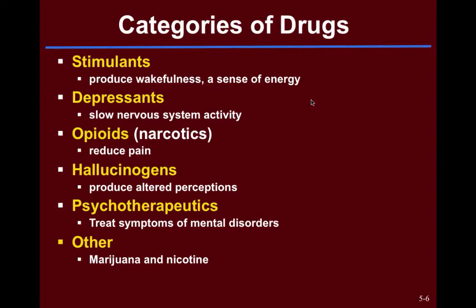Depressants have the opposite effect. Depressants are going to slow down nervous system activity. Alcohol is considered a depressant, and it's the one that is the most commonly used in the United States. Opioids or narcotics, their major function is to reduce pain, and this would include prescription opioids as well as drugs like opium and heroin.